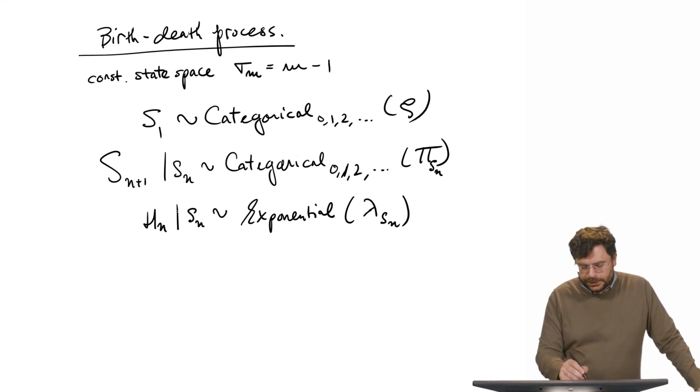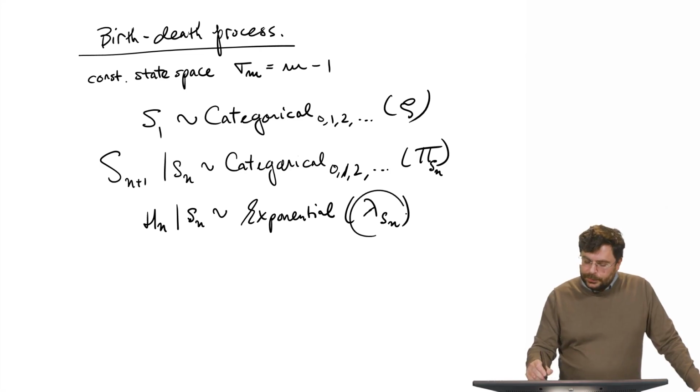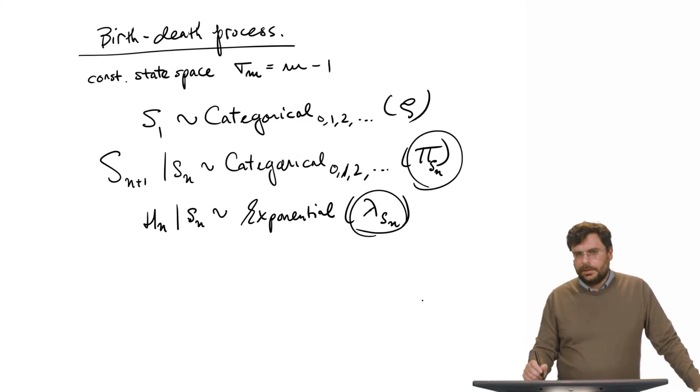And I should have written the conditioned on Sn earlier a little bit more explicitly, the small Sn. But either way now, this rate is going to be a little different than the pure death process, and this pi will also be a little different. So let's go ahead and talk about the form for the rate and talk about the form for the pi.